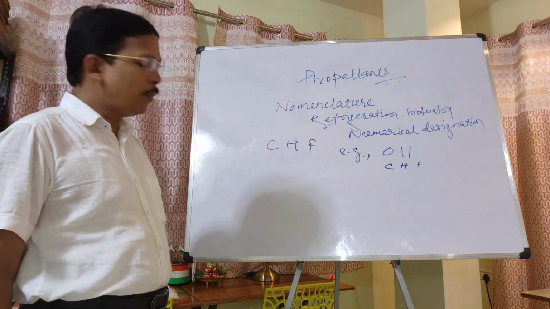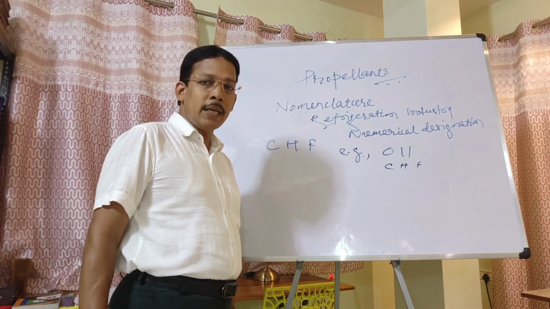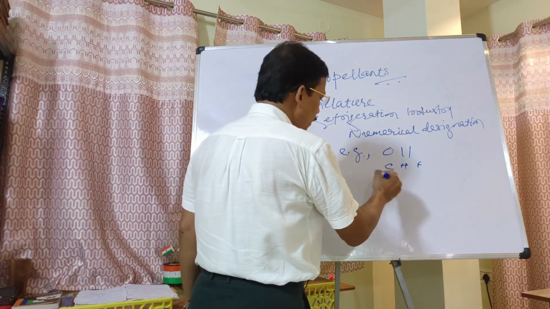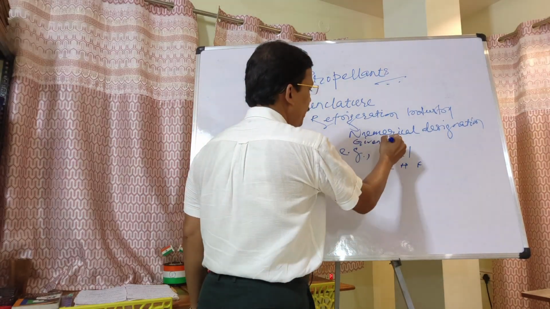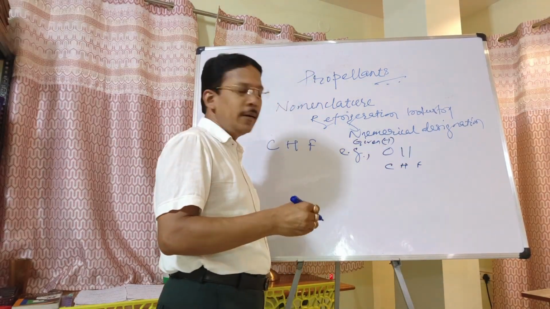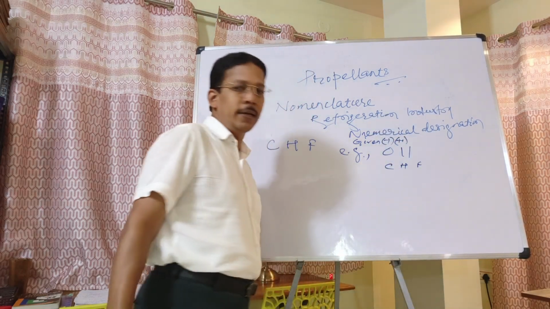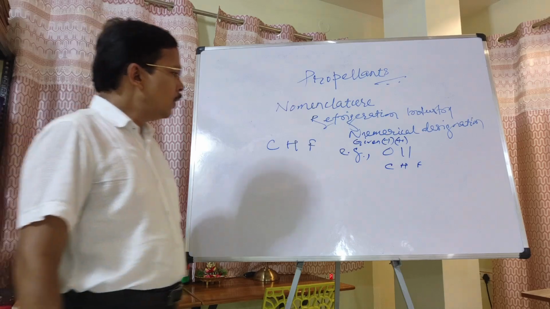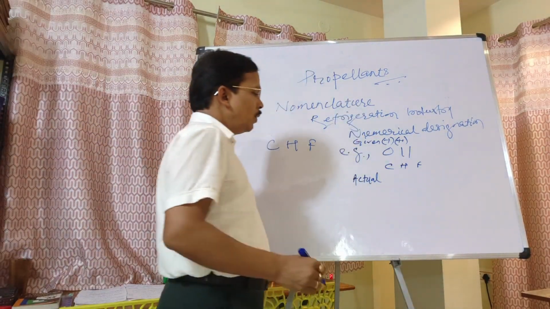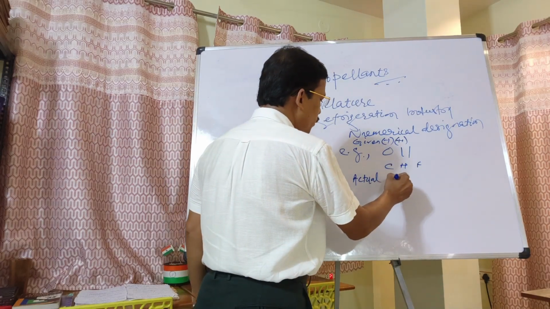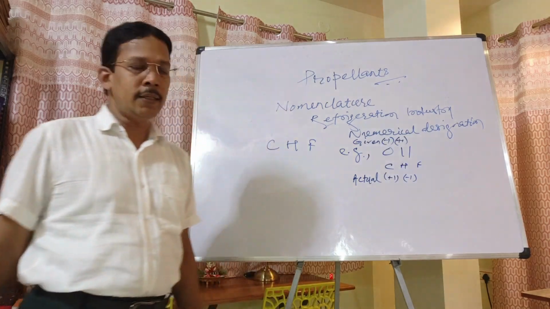The number of carbon atoms is given after making -1, the hydrogen number is given after making +1, and the number of fluorine is as it is mentioned. So for the actual, for carbon we have to add 1, for hydrogen we have to subtract 1, and fluorine is as it is.